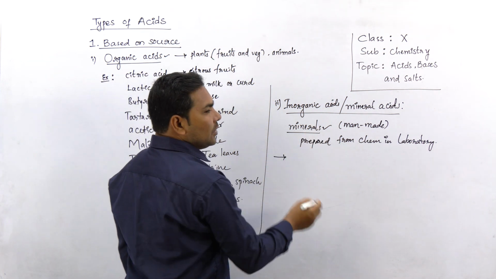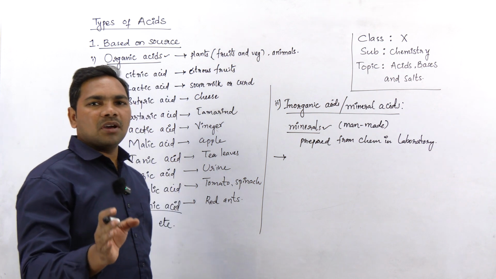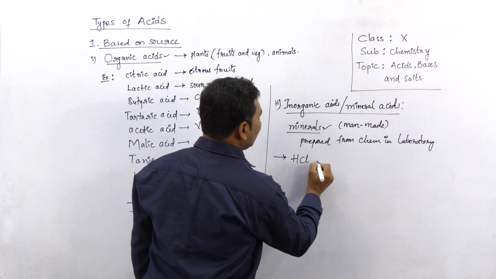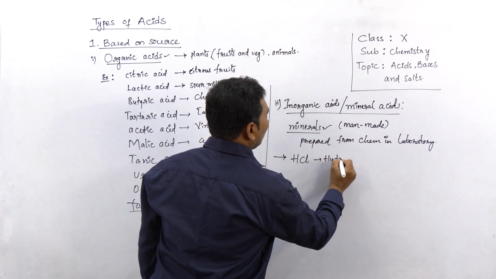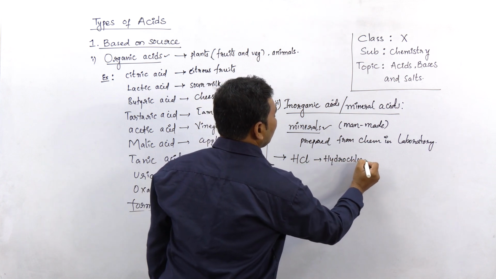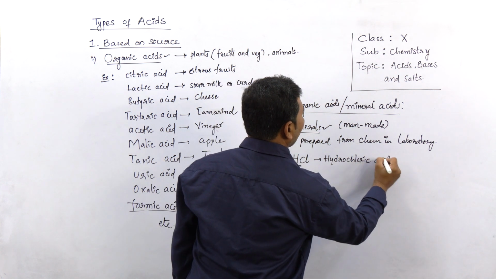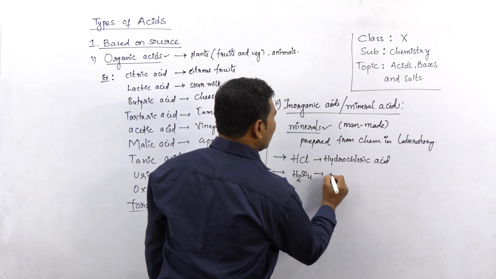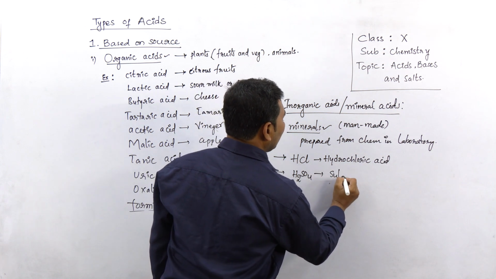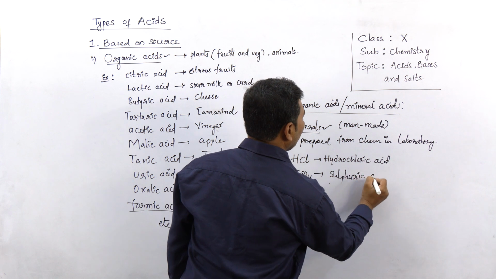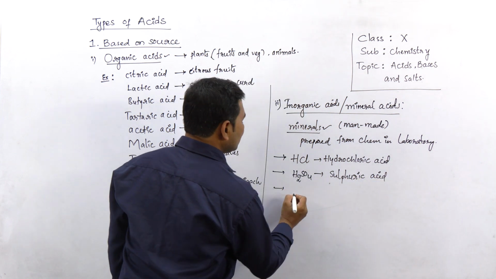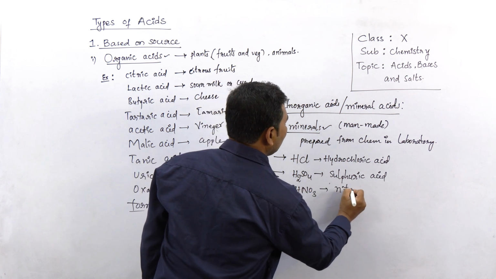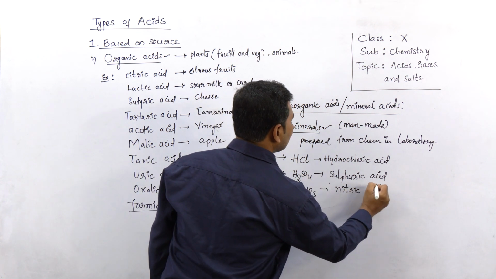It is very important to remember the chemical names and chemical formulas of inorganic acids. Let's write the first one, HCl, called hydrochloric acid. Next, H2SO4 is called sulfuric acid. Next, HNO3 is nitric acid.